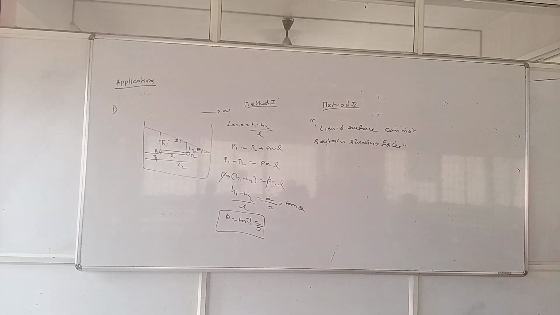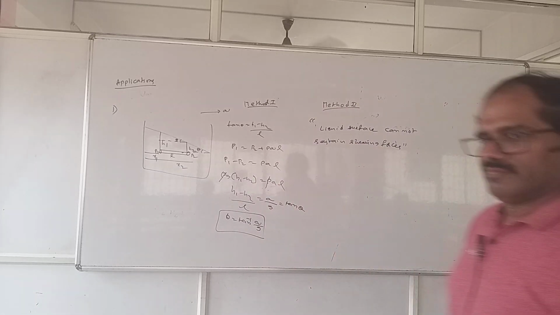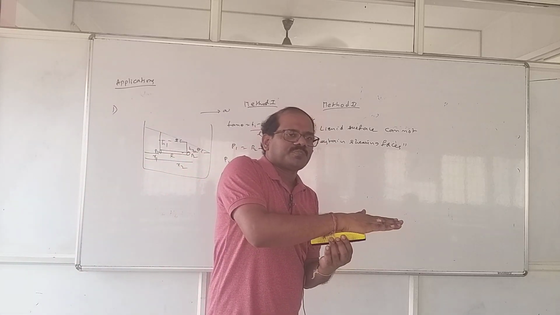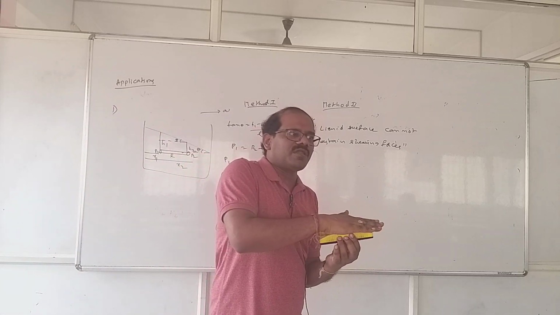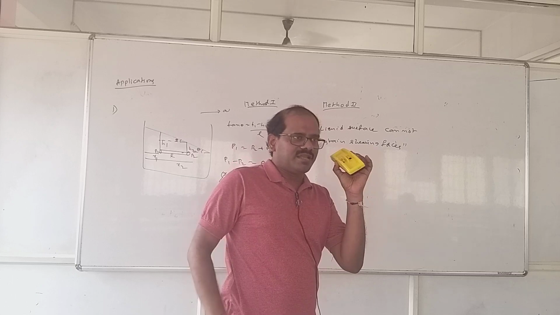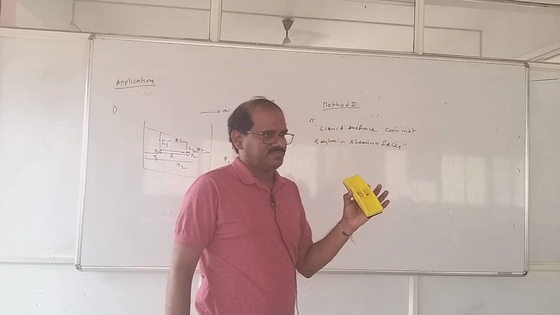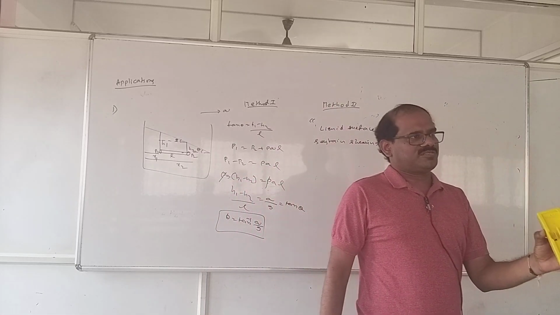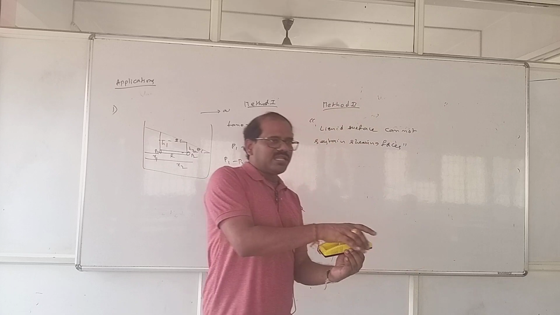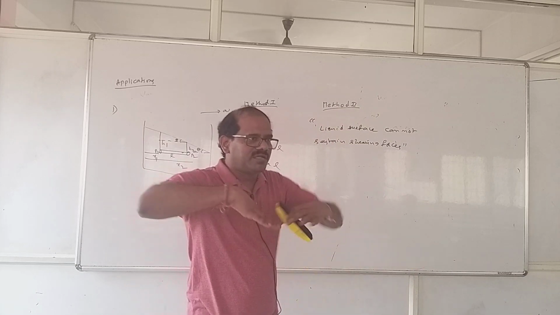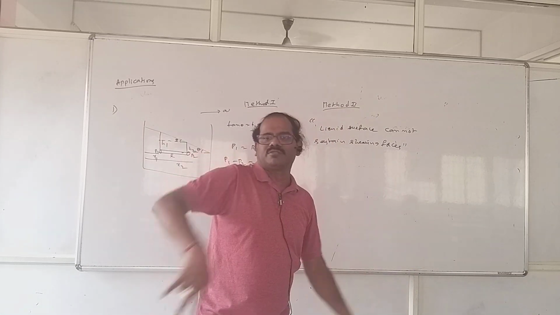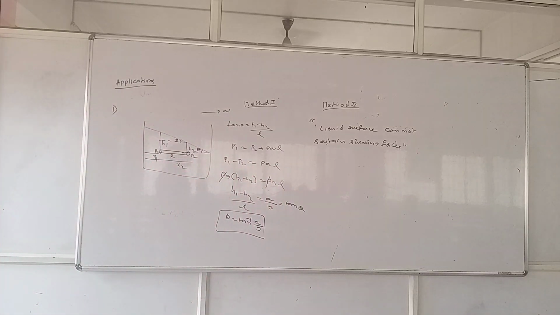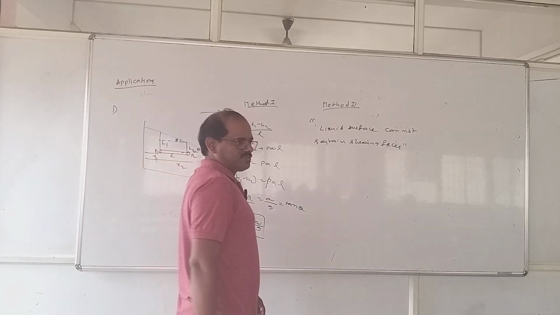But if you take a normal solid object, like this duster, and apply force parallel to it, its shape will not change. That means a real solid, rigid body is able to sustain shearing force. But if you take liquid and do like this, immediately the liquid will tilt or something will happen. So liquid is unable to sustain shearing forces.